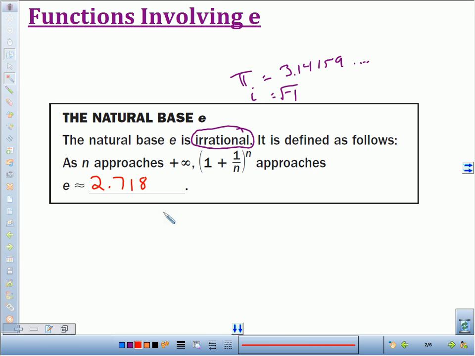And it trails off, and numbers keep going forever. We could write 1,000,000 decimal places here off to the side, but we're going to stick with 2.718.